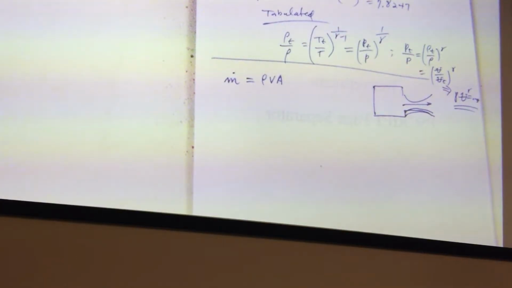So the isentropic relationship can take various forms, four or five forms, but they are all related, so you can divide it.